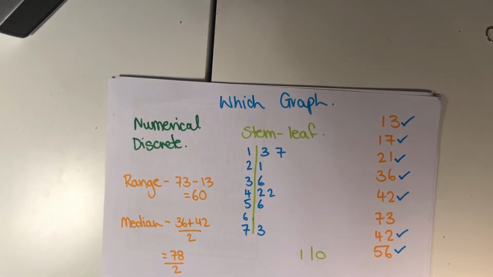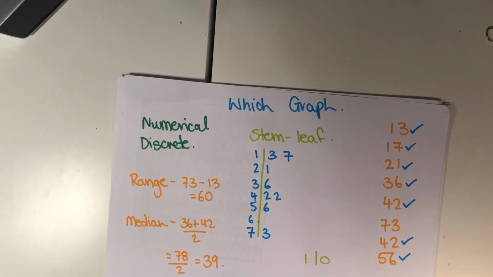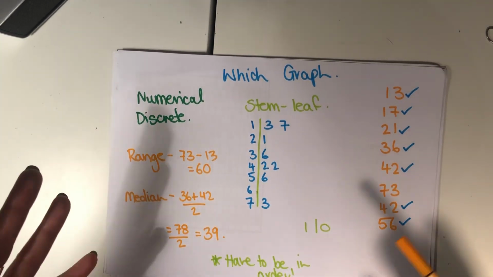And to make sure I don't make this mistake again, 78 divided by 2 gives me a median value of 39. Okay. So that is another example of when you would use a stem and leaf plot.